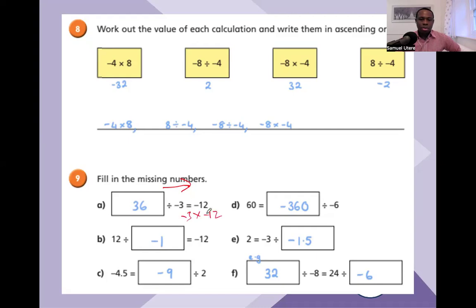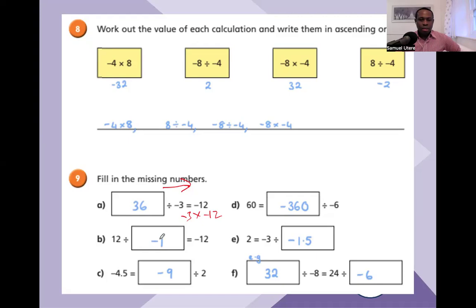And of course, two negatives will give you a positive. This one, again, doing the inverse operation, it will be 60 times -6. So 60 times -6. All right.